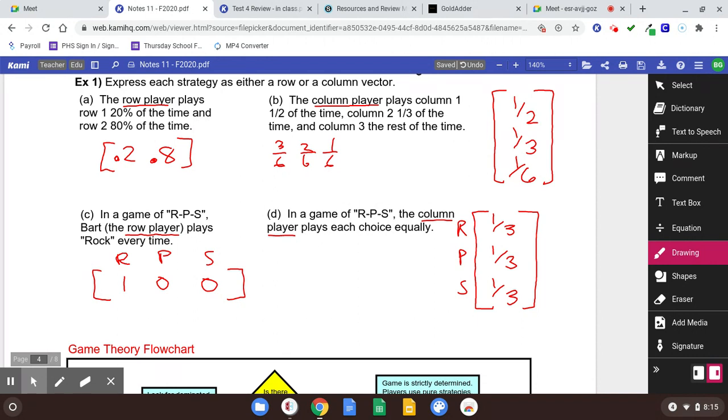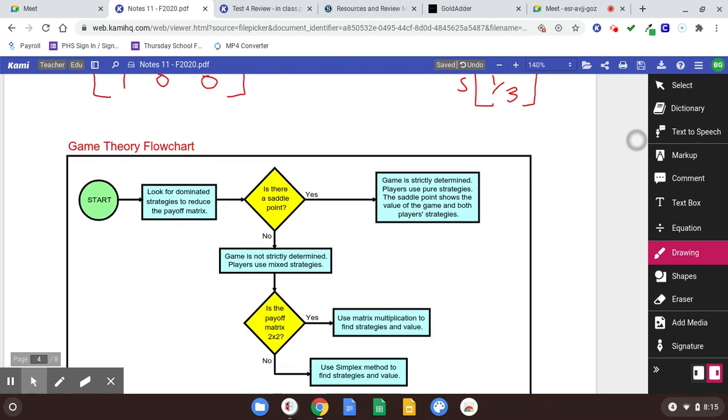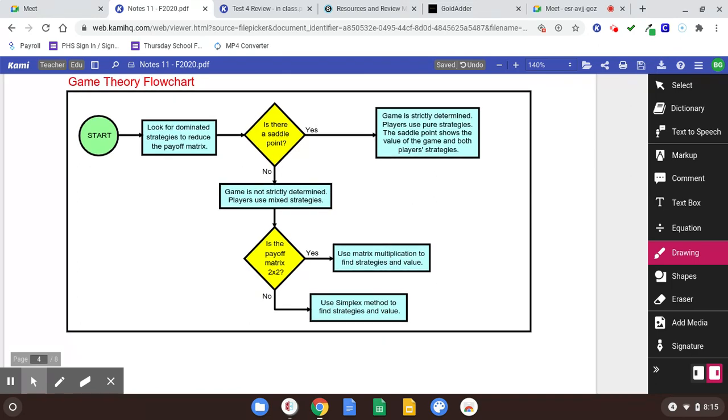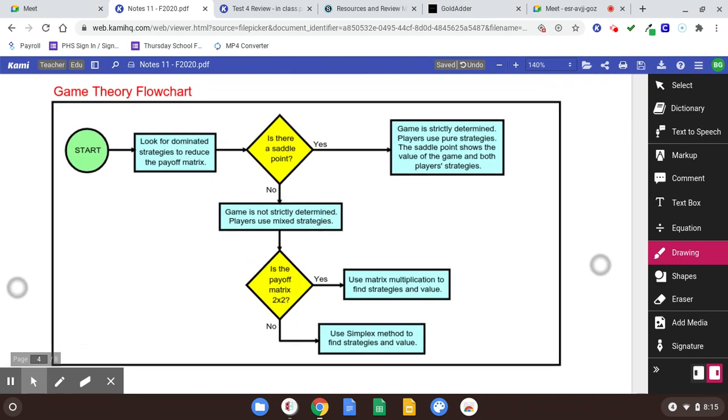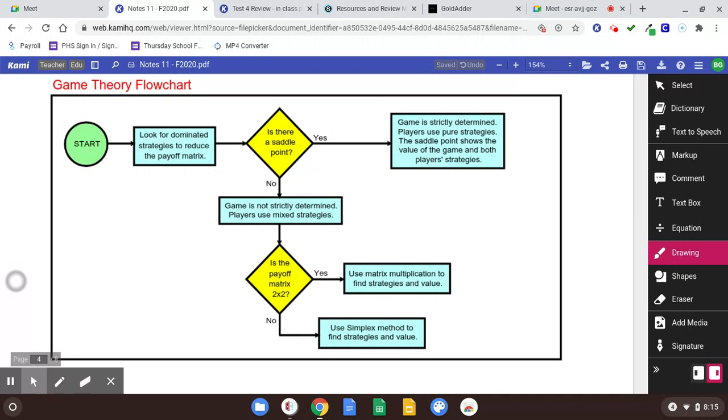And the hardest part of this lesson is going to be we have to find what their best strategy is, what their optimum strategy is. So we return to this flowchart, and I showed you this in 11.1. In 11.1, we ended up right here. Okay.